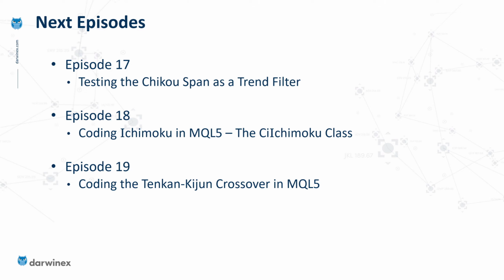And then in episode 19, I'm going to specifically look at the coding of the crossover capability, because this is slightly different to a standard crossover that you might code between, for example, 2 moving averages. And I covered the reasons for this in a previous episode, but I'm going to look specifically at this in more detail and also provide the code that I did use for the crossover.